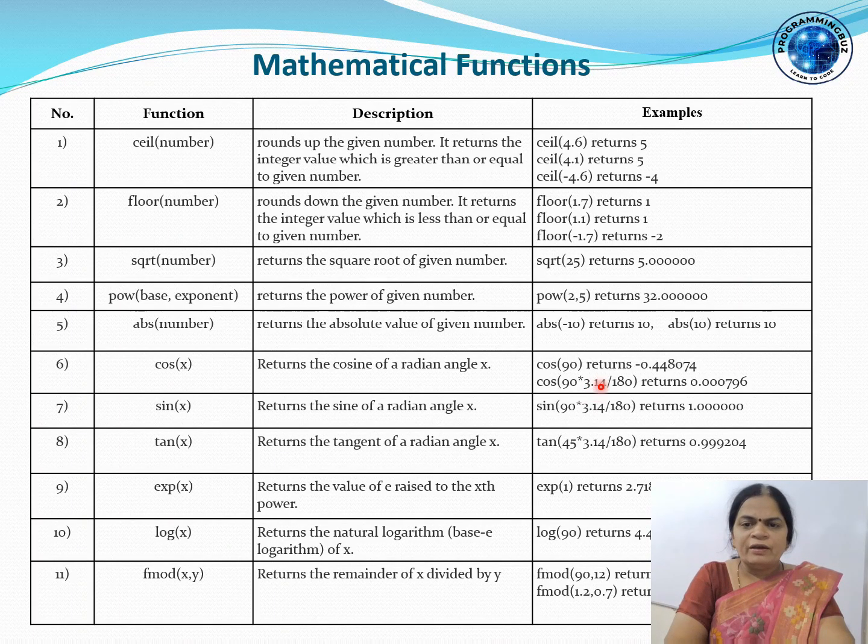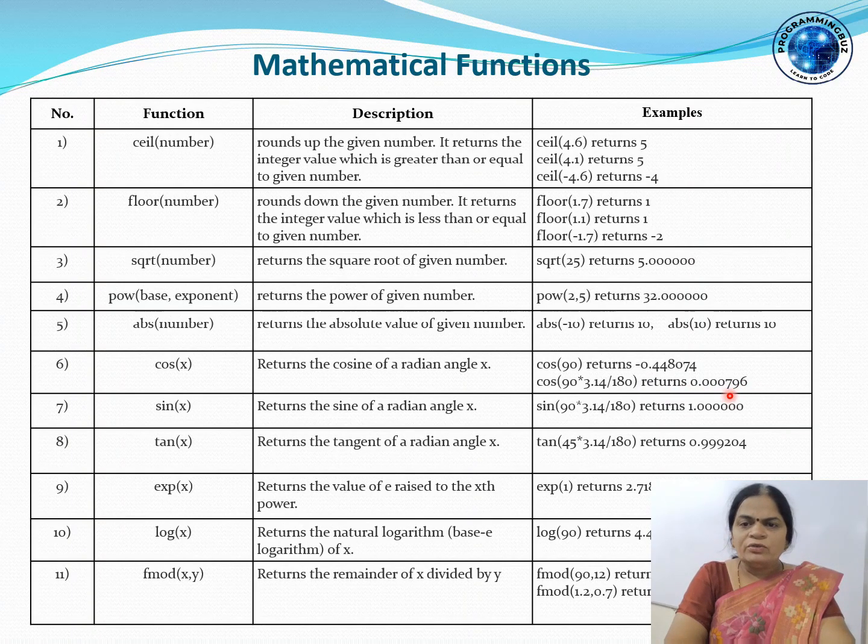I have simply written it up to 2 decimal places. So value of pi divided by 180. Cos of 90 degrees will be calculated with this conversion. So cos of 90 multiplied by 3.14 by 180 returns the value 0.00.